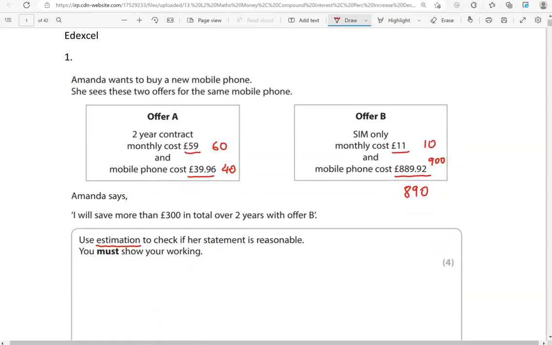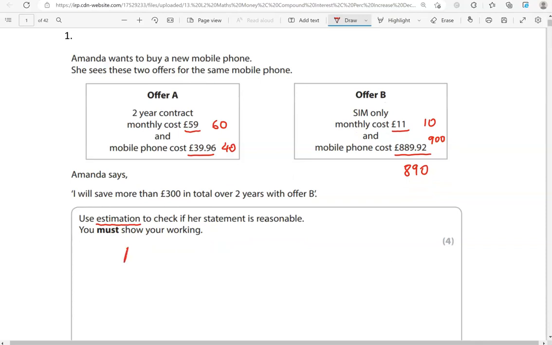So looking at offer A, 2-year contract, so that is 12 months and 12 months, 24 months. Monthly cost £60. So 24 times 60, and to the answer we're going to add the mobile phone cost.